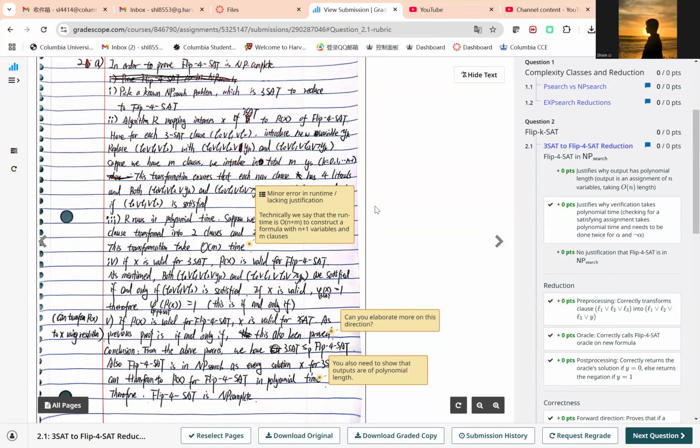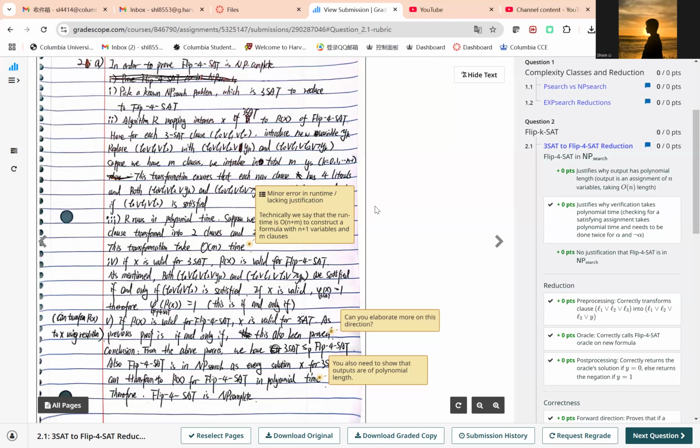The second part is that I needed to elaborate more on the direction from flip 4SAT to 3SAT. The key here is resolution, right? In this part, if we have a valid solution Rx for the flip 4SAT, we need to make sure that Sx is valid for 3SAT.